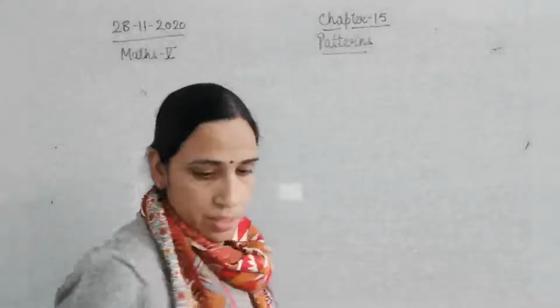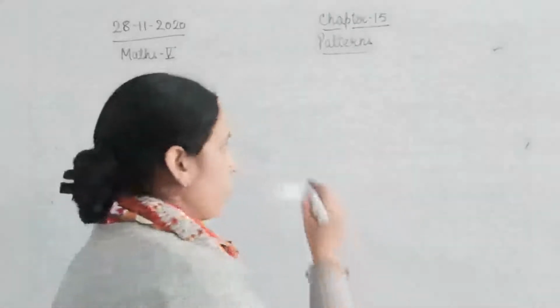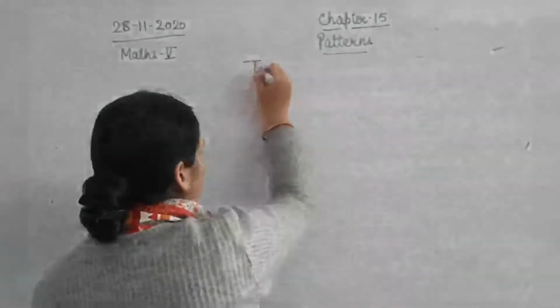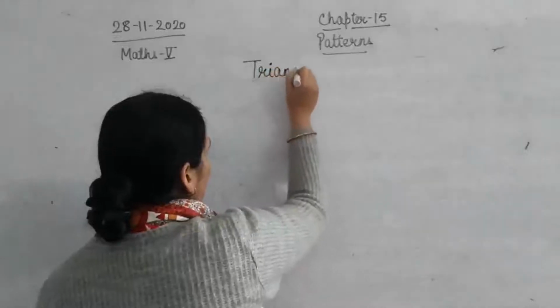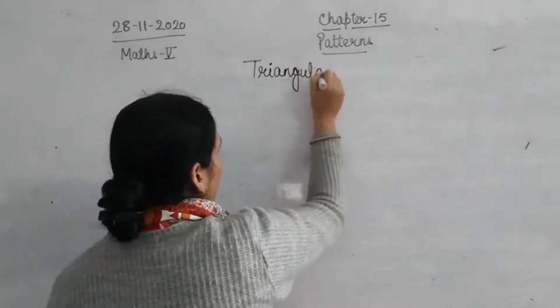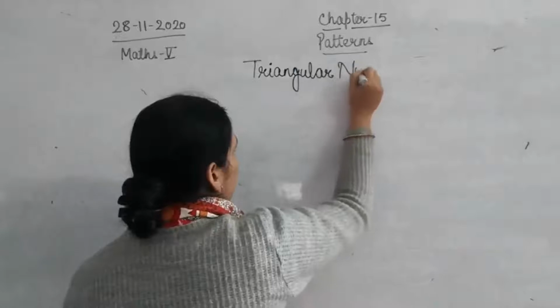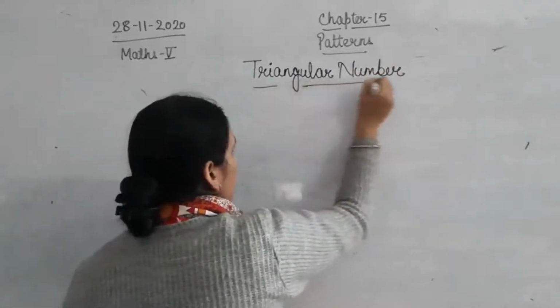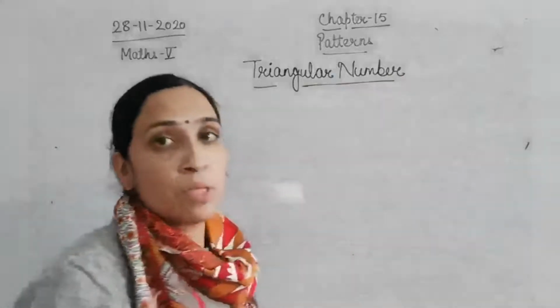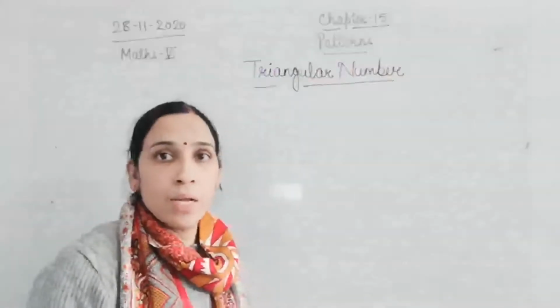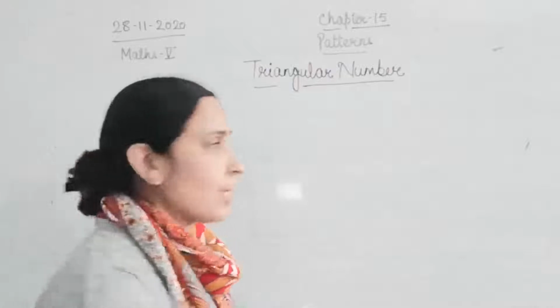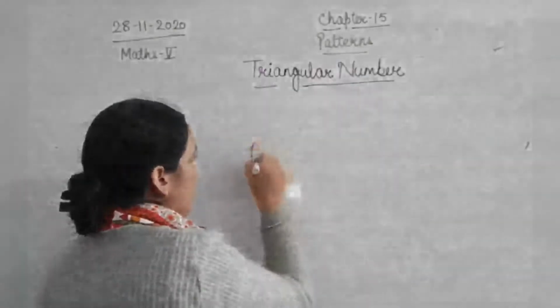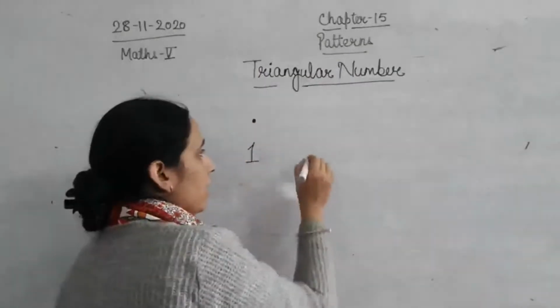with triangular numbers today. Now as square numbers are those numbers which can be drawn in the form of a square, just like that triangular numbers are those numbers by which we can draw a triangle. So here I will say like 1. 1 can be taken as any shape.